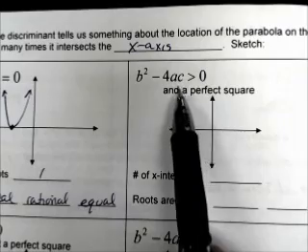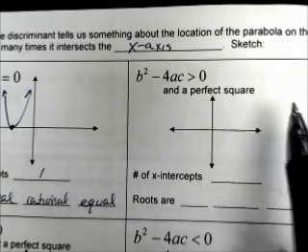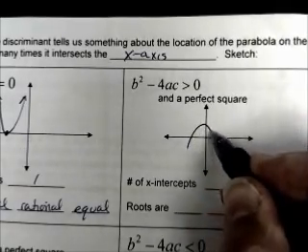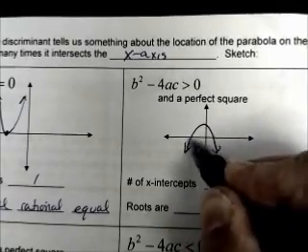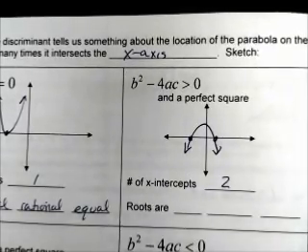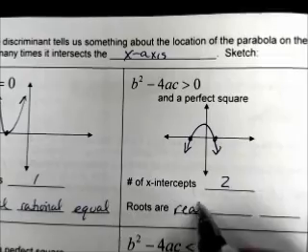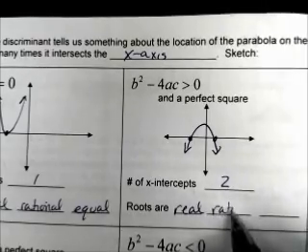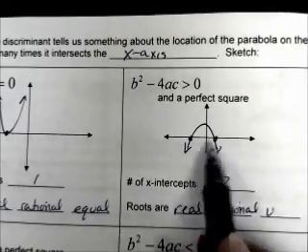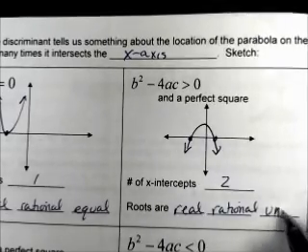If your discriminant value is greater than 0 and a perfect square, you're going to have 2 x-intercepts. Your roots are going to be real, rational, and unequal. You've got 2 different roots, so they're unequal.